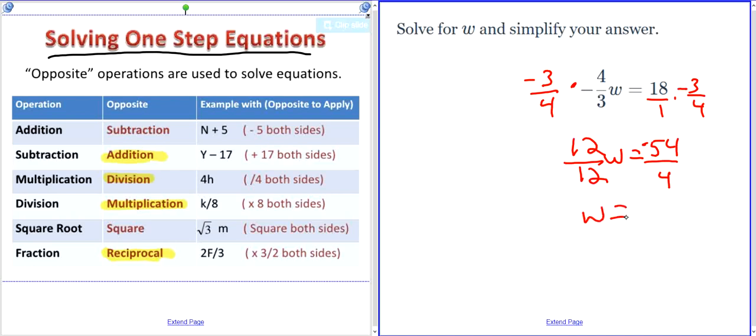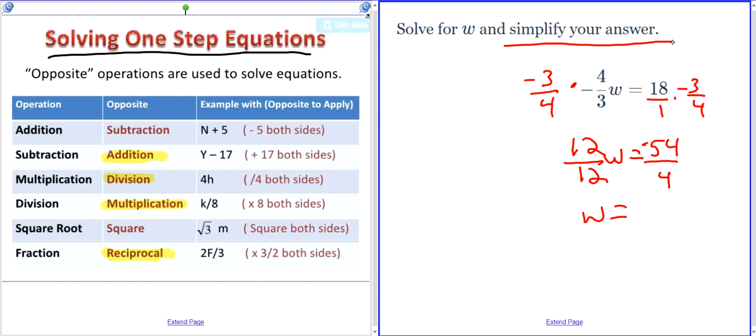Now, here, if you divide 54 by 4, you get a decimal. We don't want a decimal. We want to leave it as a fraction because we want you to simplify your answer. So you got to check to see if this fraction could be simplified. A lot of times what you could do is just divide both parts by 2 if they're both even.